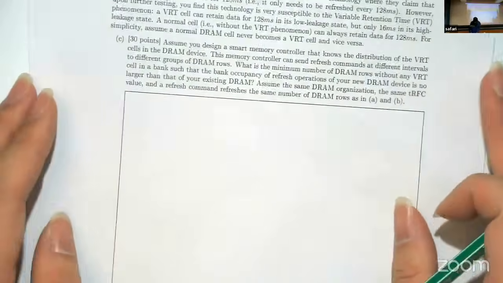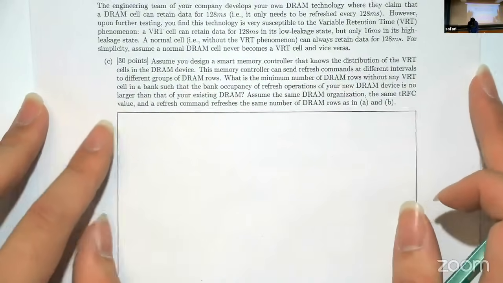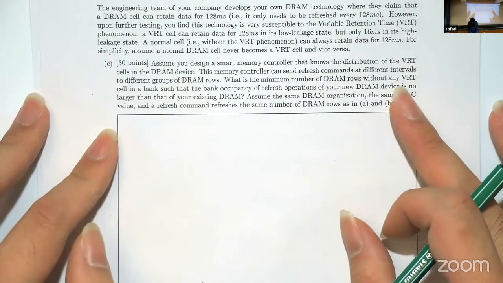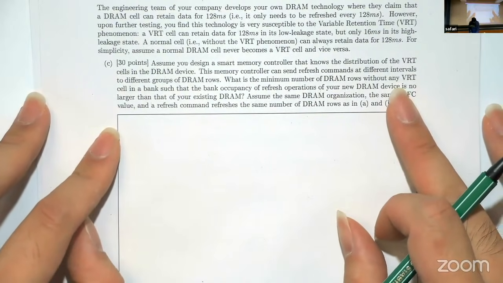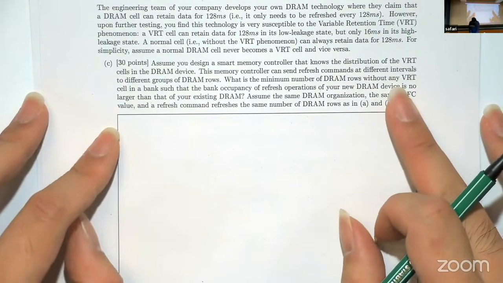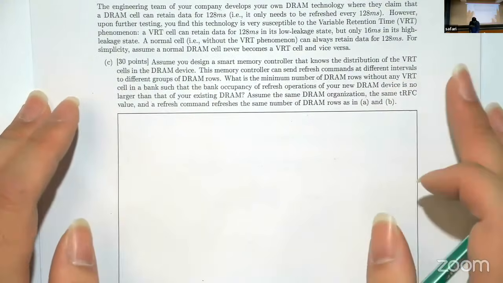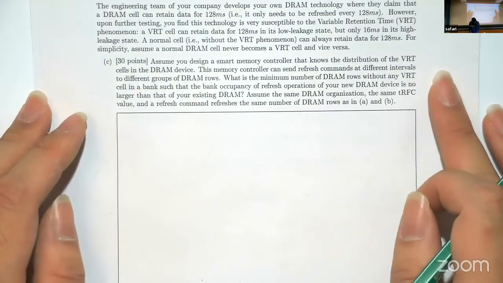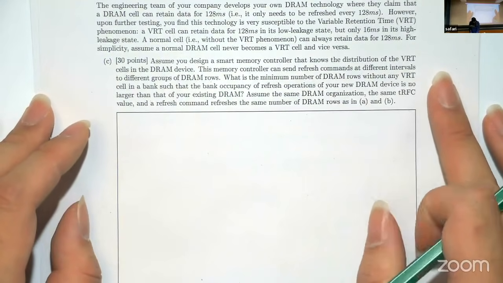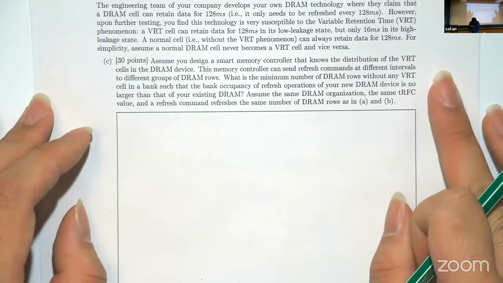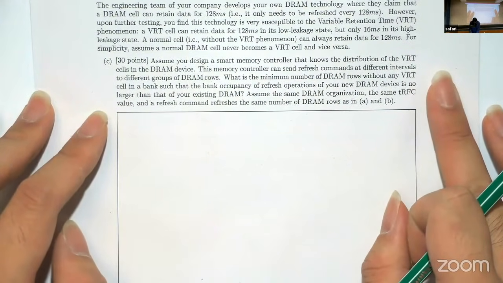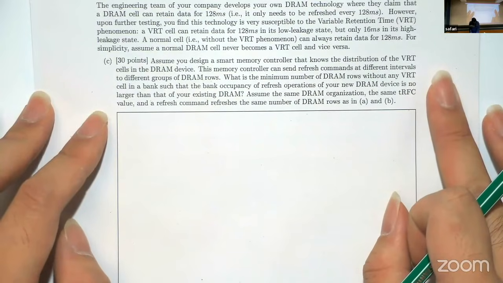So now the DRAM engineering team claims that they can retain data for 128 milliseconds instead of 32. So that means every row will only have to be refreshed once every 128 milliseconds. However, upon further testing, we find that this DRAM technology is very susceptible to variable retention time, VRT.